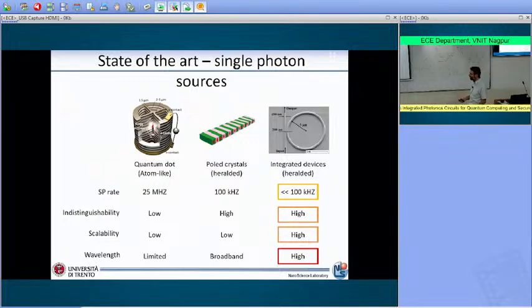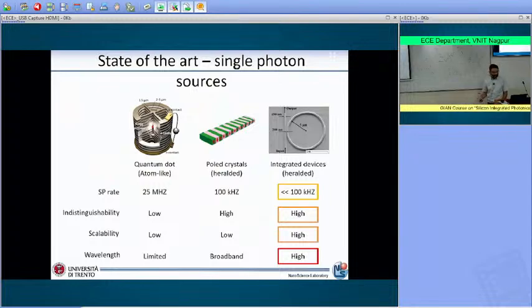And the wavelength where you can generate your photon is quite limited, because you need that specific electronic transition. In the case of integrated devices, we have a very large wavelength region where we can generate a single photon.